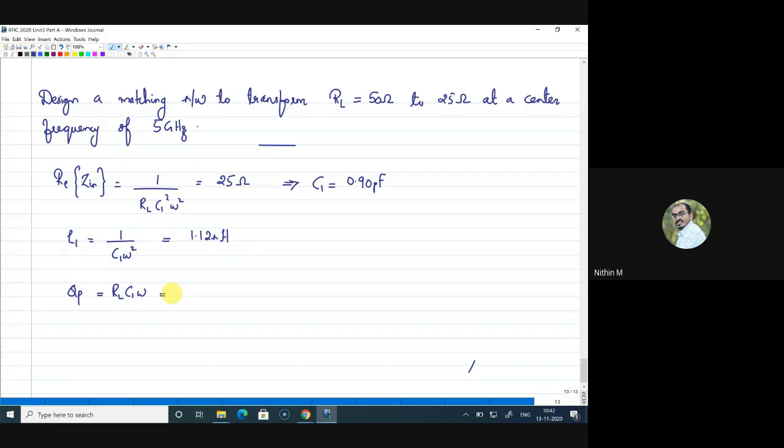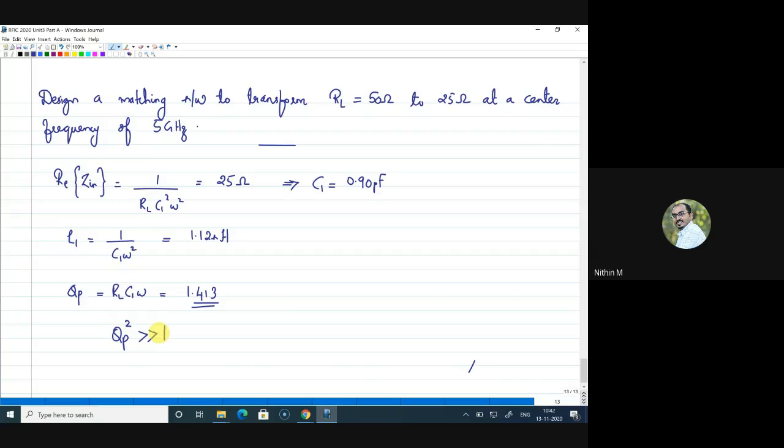I am getting QP close to 1.413. Since QP is 1.413, I cannot say that QP square is very large than 1.